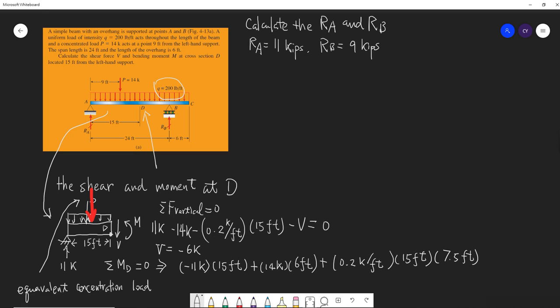So it has an arm, a distance here, just the middle, so it's 7.5 feet. This is like the center of gravity, also called the centroid, here. So it's half of 15, which is equal to 7.5.